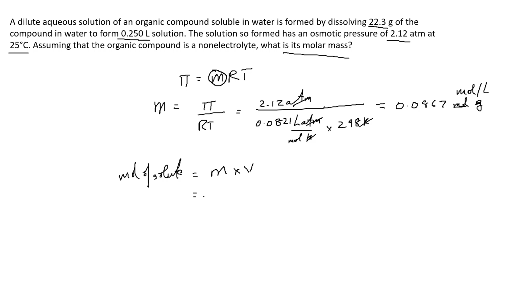So the molarity we calculated is 0.0867 moles per liter, multiplied by the volume in liters, which is 0.250 liters. So 0.0867 multiplied by 0.25 works out to be 0.0217 moles.